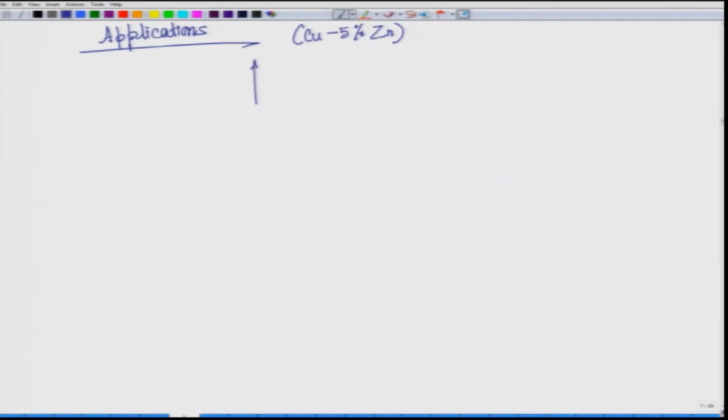To understand this concept in a better way, we will assume that this is the zinc concentration, which should have been 5%, given by C bar, but because of different solidification conditions, or because of the mass conditions, there may be some segregation, and therefore, you end up with a compositional variation like this. So, this is not desirable.